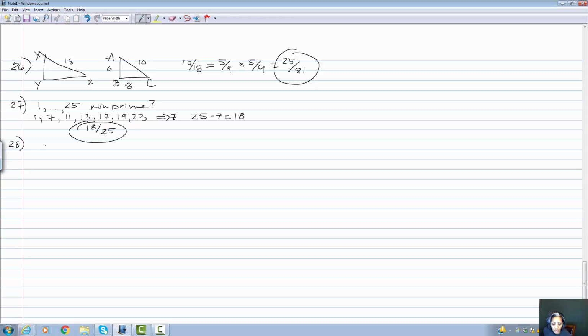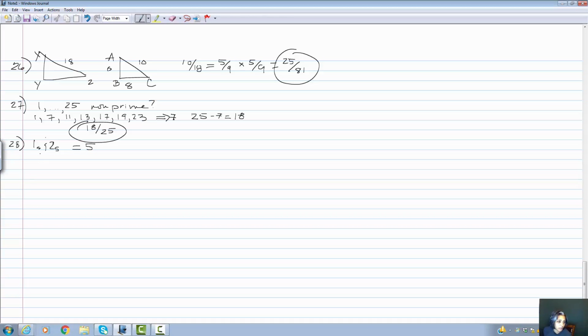Number 28, using only 1s and 2s, how many different ordered sequences can we make to write the sum that equals 5? We can use as many numbers as we want, the 1s and 2s as many times as we want, but only 1s and 2s.